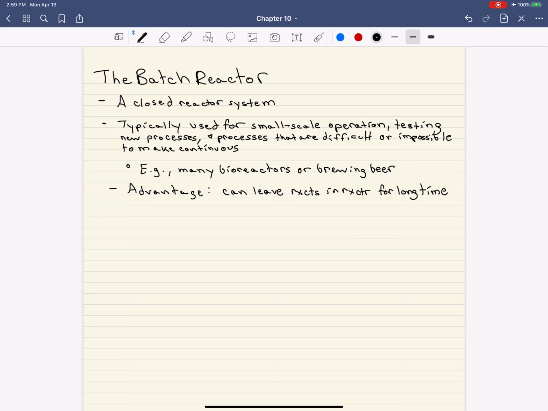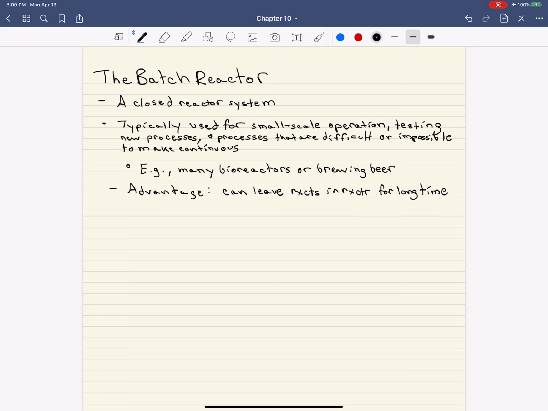And so that's part of the reason why batch reactors are typically used in bioprocessing, because a lot of the reactions in bioprocessing require a long incubation time or a long residence time. As we saw in problem 4 on homework 10, for example, the bioreaction that was going on there took 220 hours. And so batch reactors are good for cases where you need your reaction to run for a long time.